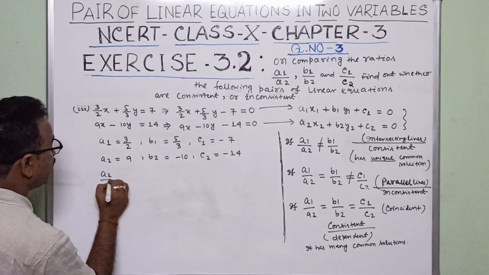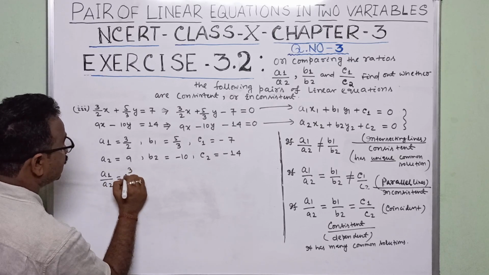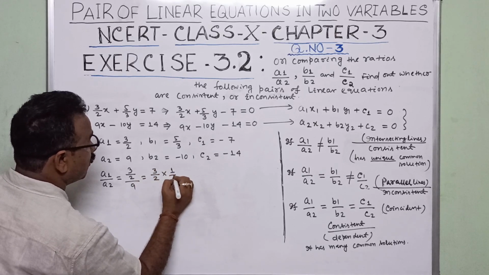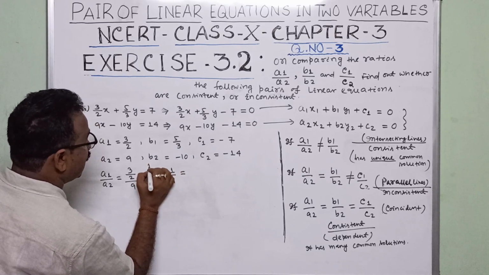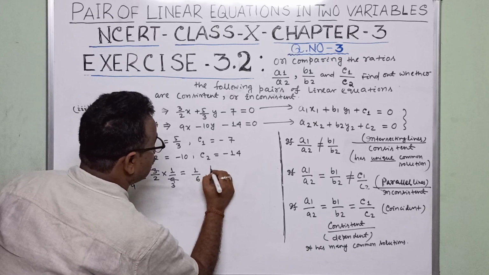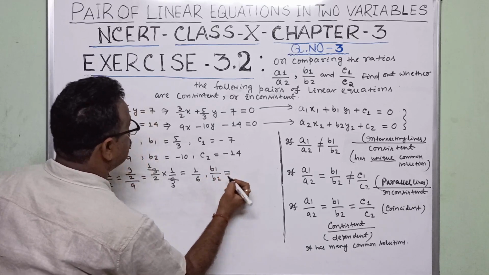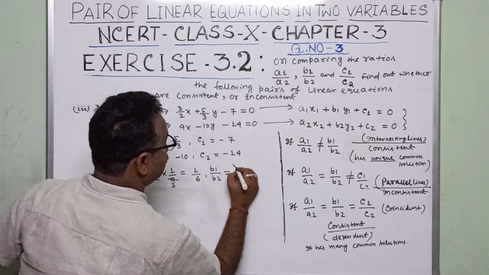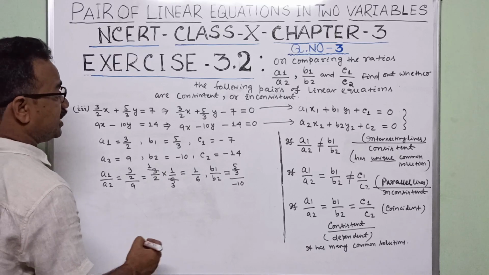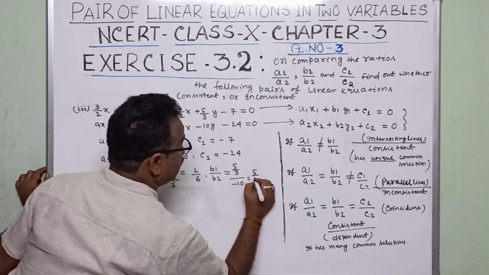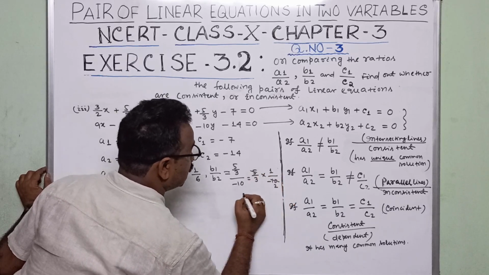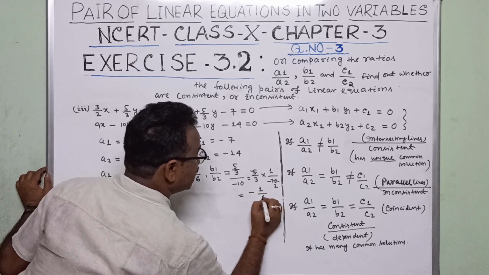Now a1 by a2 is equal to 3 by 2 by 9, which is 3 by 2 into 1 by 9, which is equal to 1 by 6. Now b1 by b2 is equal to 5 by 3 by minus 10, which is 5 by 3 into 1 by minus 10, which is equal to minus 1 by 6.